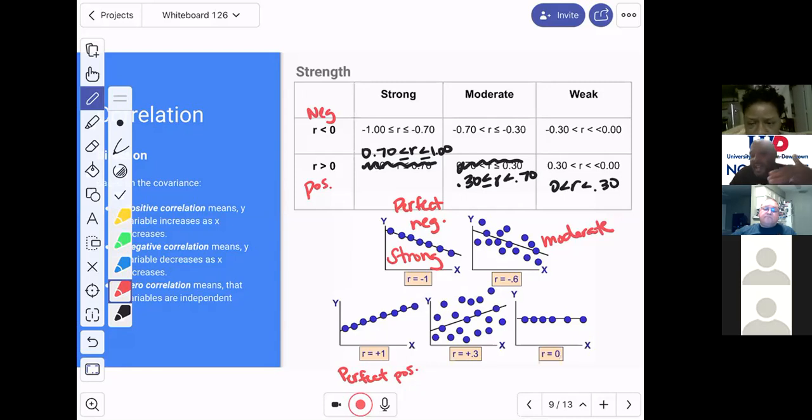If the slope of the line is negative, it's close to -1. If the slope of the line is positive, it's close to +1. Here, this one is strong, this one weak, and this is 0. 0 typically means you can draw a straight line through the data, and you can't tell if it goes up or down.